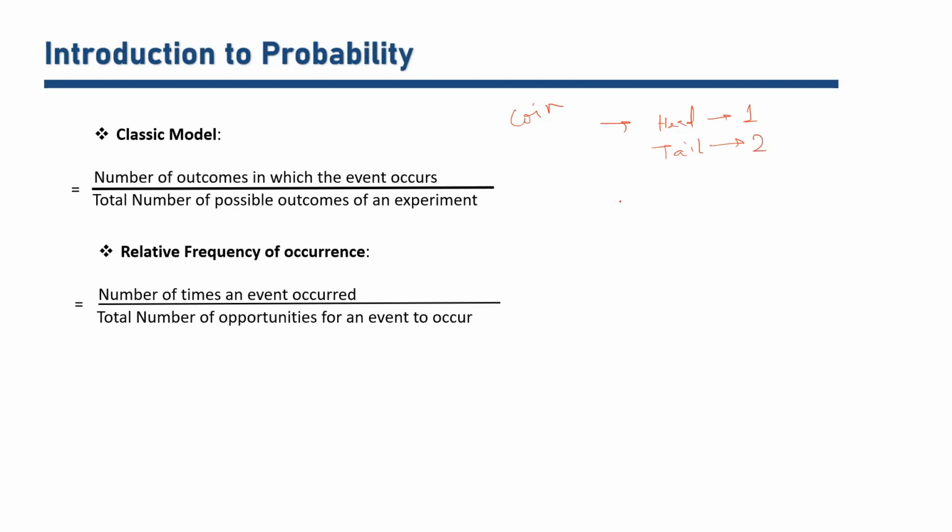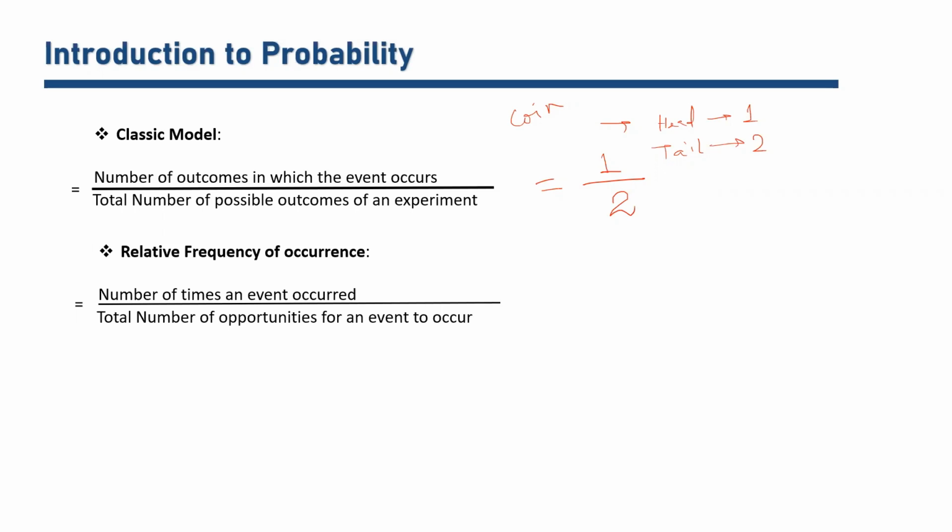So you can say the total number of outcomes in which the event occurs, there is only one head which is going to come, and the total number of possible outcomes is 2. It can either be head or a tail. So it is 1 by 2. Okay. So the classic model of probability says the number of outcomes by the total number of possible outcomes.